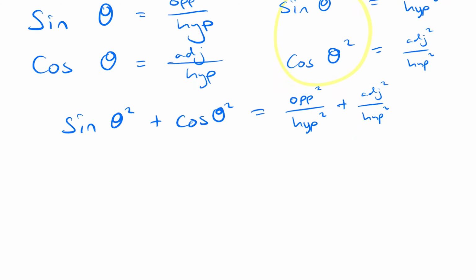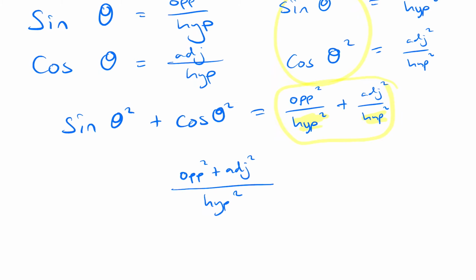So sine squared theta plus cosine squared theta is equal to the opposite squared over the hypotenuse squared plus the adjacent squared over the hypotenuse squared. We can simplify this equation by just combining these two bottom terms and then adding the 2 on top and leaving it like that. So we can say opposite squared plus adjacent squared all divided by hypotenuse squared, right?